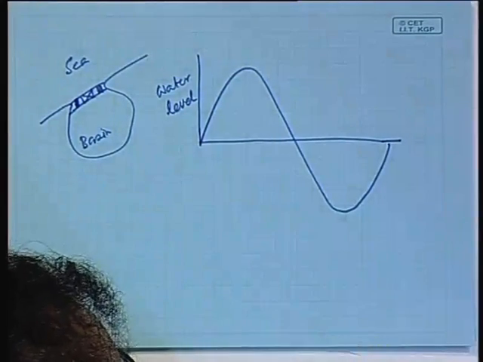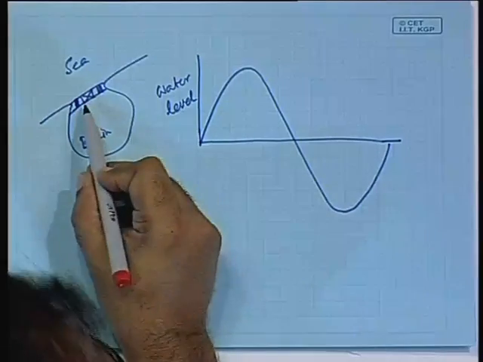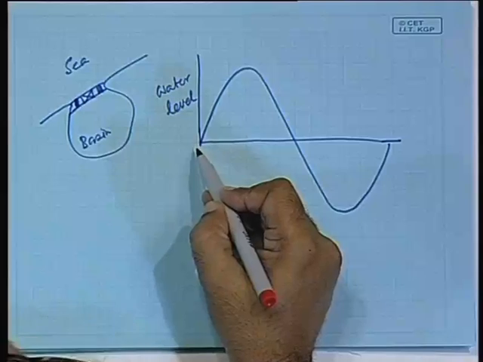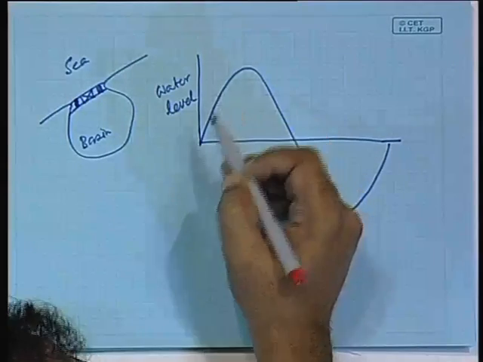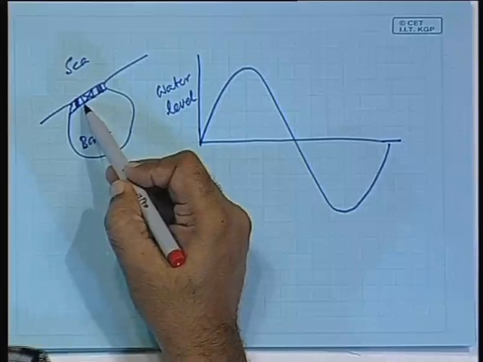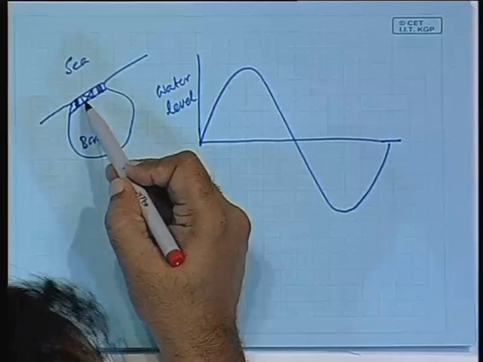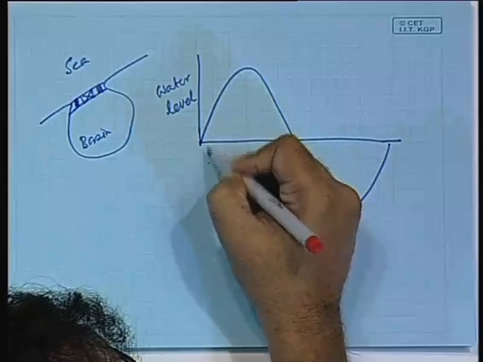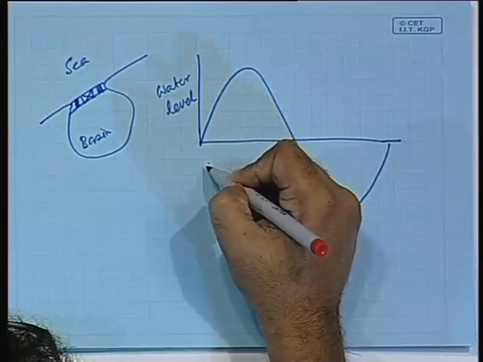How will the scheme work? Starting at this point, let us assume it is going into the high tide. When it is going into the high tide, the turbines are open, and therefore there should be a difference between the two levels in order for the turbines to work.